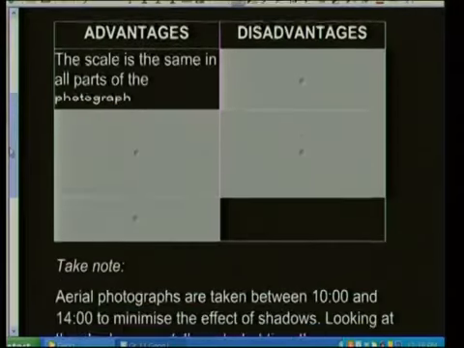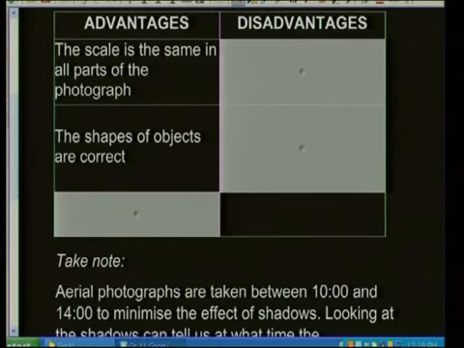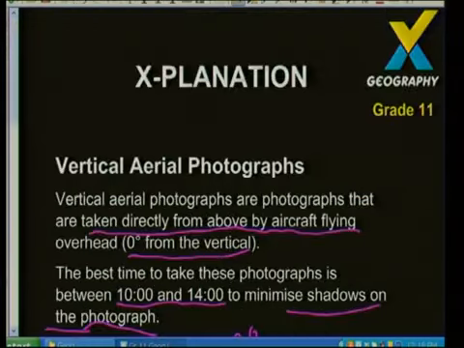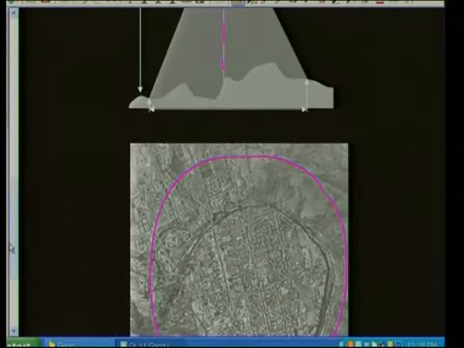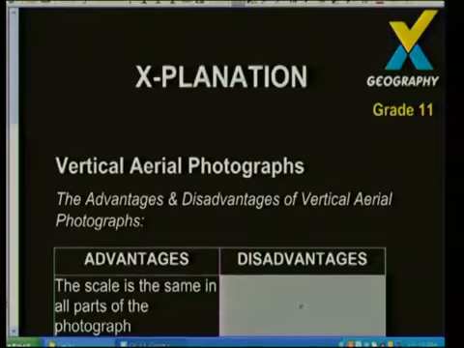Okay, let's look at a second one. The shapes of objects are correct. Again, if I look at my little photograph from the top, you get a top view or a plan view, and you can look at the shapes. They're more or less the same. Don't forget your magnifying glass when you're doing the aerial photographs, so you can have a good look and identify your features. All right, let's go on.